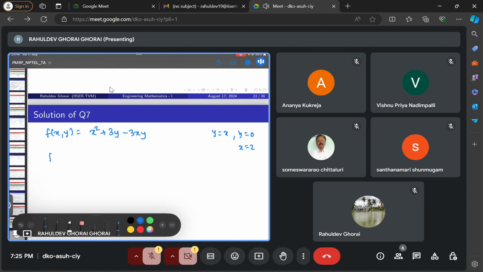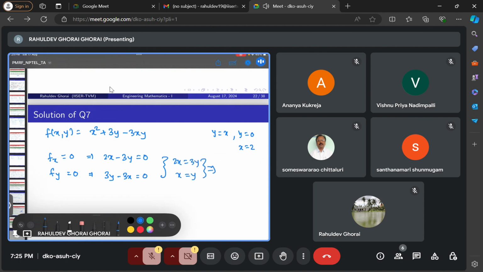So first we do it the usual way. fx equal to 0 implies 2x minus 3y is equal to 0, right? And fy equal to 0 gives 3y minus 3x equal to 0, that implies y is equal to x. From here you get 2x equal to 3y, and from here you get x equal to y.